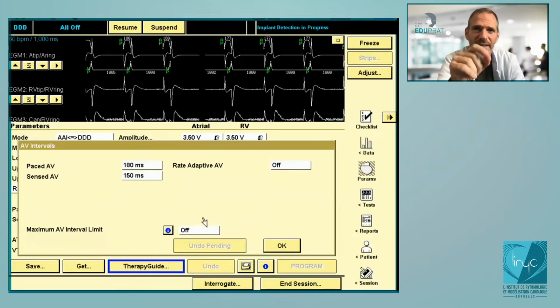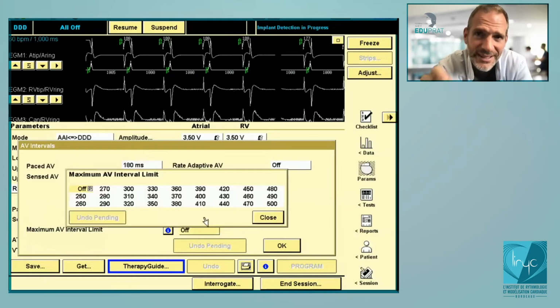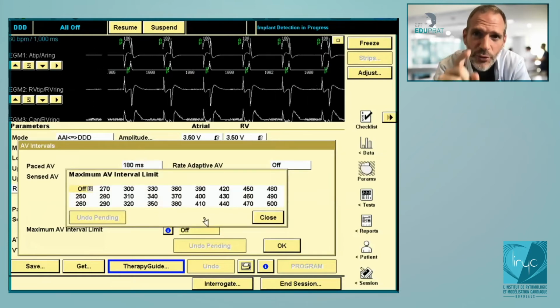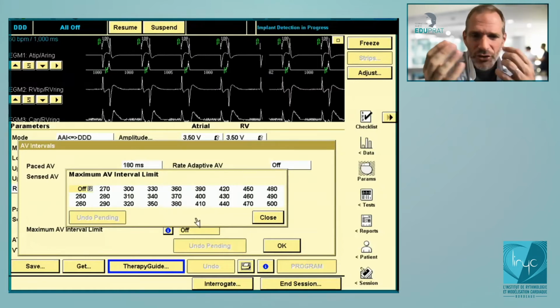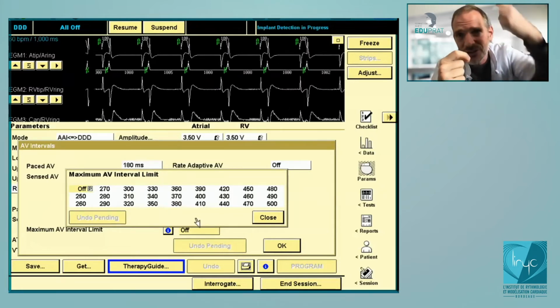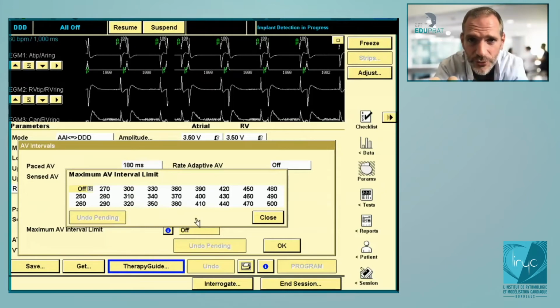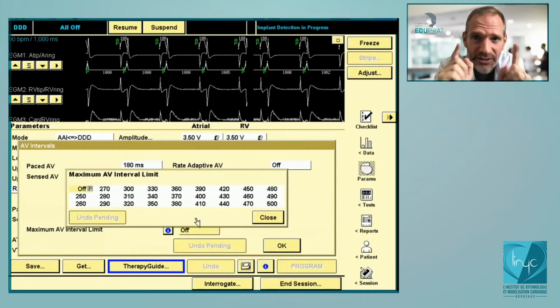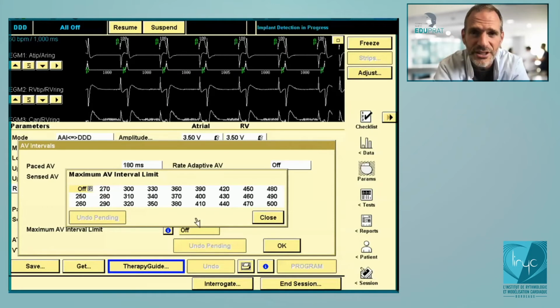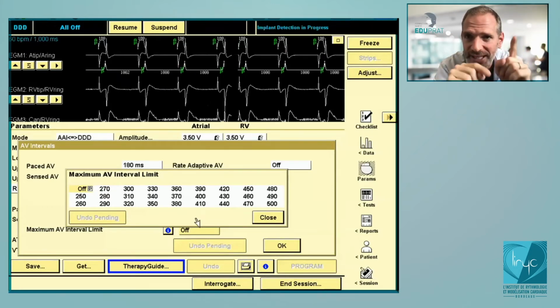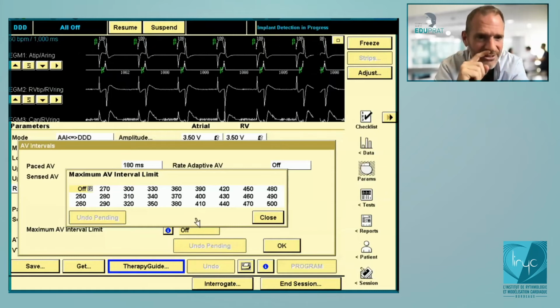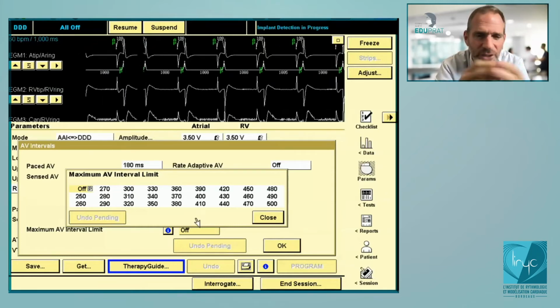This is where you can program whether the device will switch from AAI to DDD if there is a long PR interval. So that's not obvious. It's not in the mode, it's in the AV interval. This particularity of the algorithm, the capacity to switch in case of long PR interval in a patient programmed with AAI DDD, you can find it there. So it's in AV intervals, and then you will program the value.